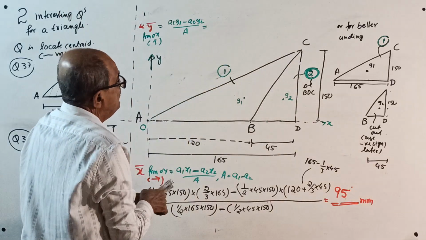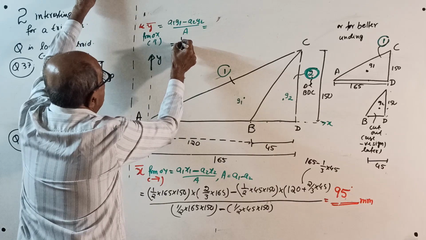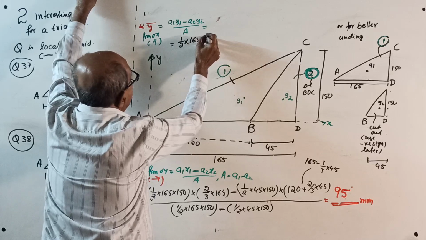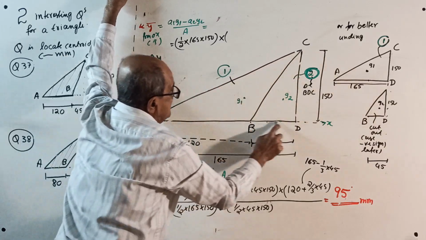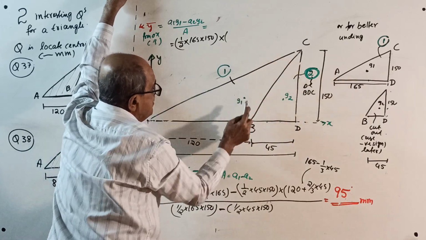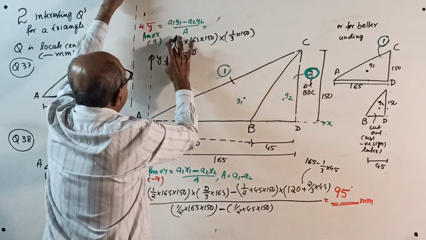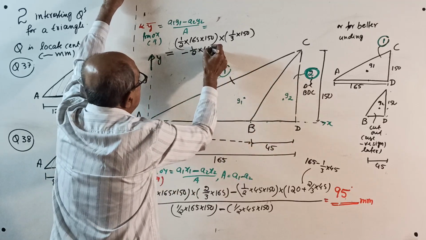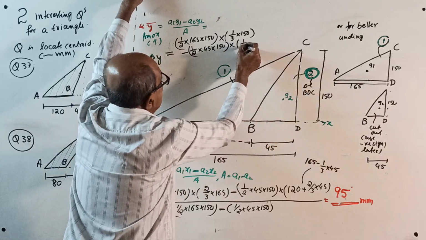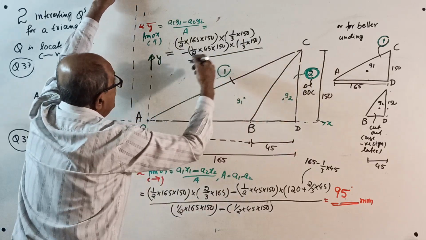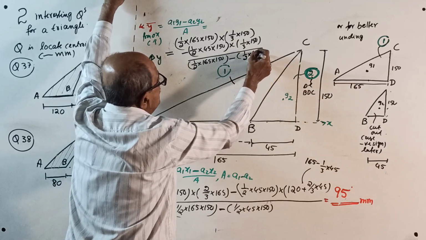Area of the full triangle is half into 165 into 150, A1, into its centroid from here, 1/3 of 150, minus this area, half into 45 into 150, into its centroid from here, once again 1/3 of 150, divided by the full area, half into 165 into 150 minus half into 45 into 150.